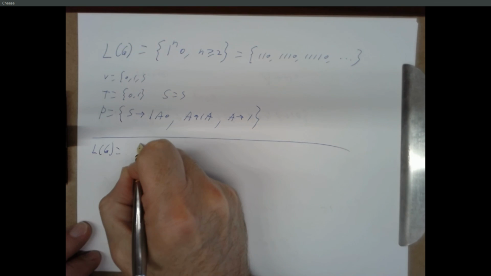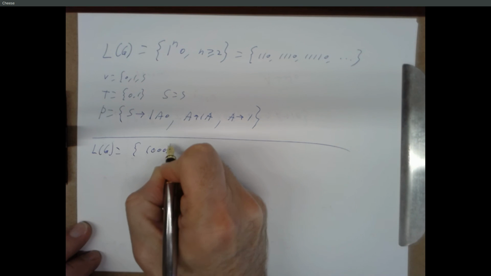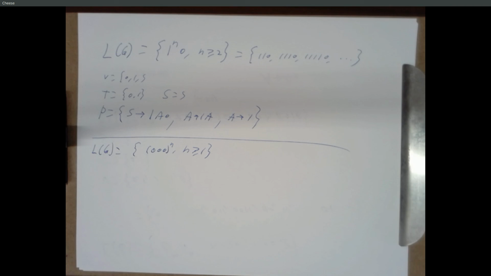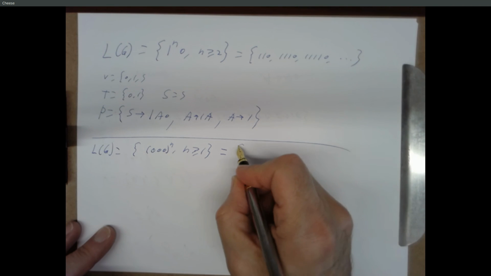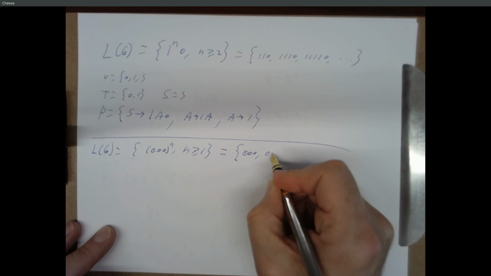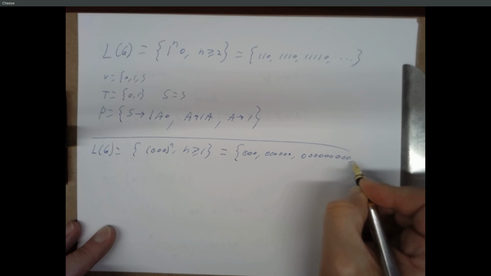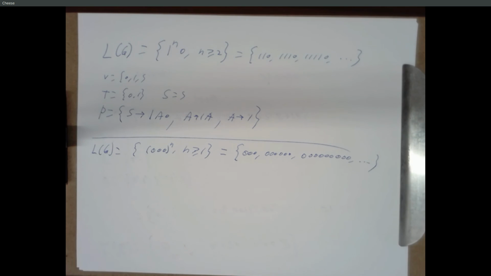Let's do one more. So here I've got 3 zeros in parentheses raised to the n. So this is either 3 zeros, 6 zeros, 9 zeros, and so on.